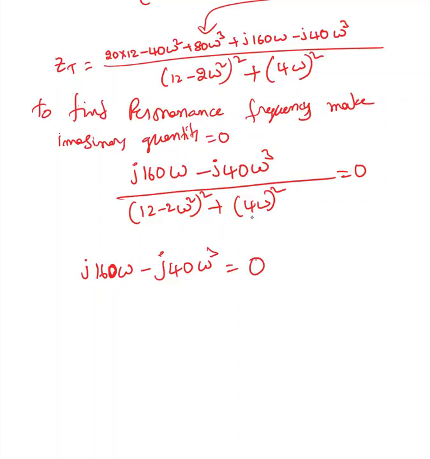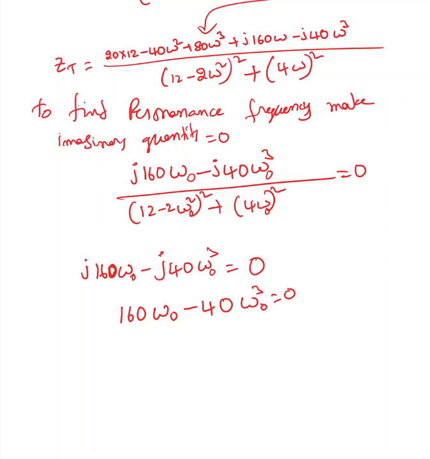So when I take this denominator to the other side, multiplied by 0, I can take out the j term and solve. So we call this 160 omega naught minus 40 omega cube naught equal to 0, because at resonant frequency, once we make it 0, everything is going to be omega naught. So I can put omega naught right there for every term.